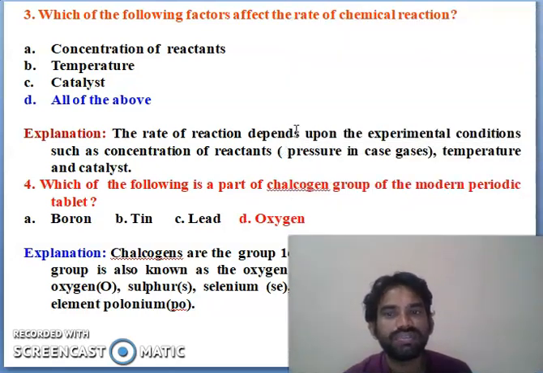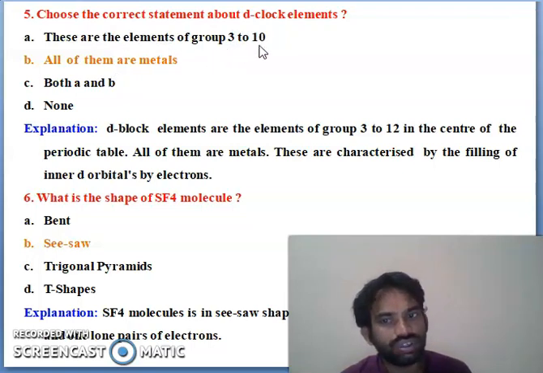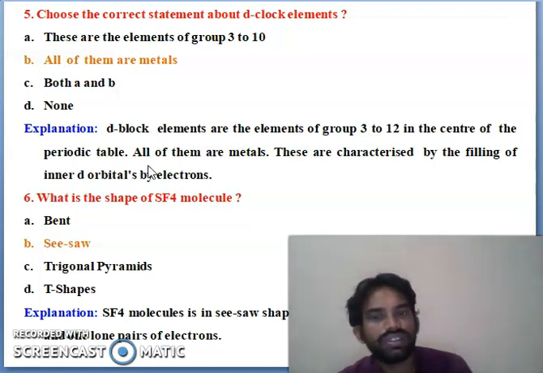You can see the fifth question: choose the correct statement about the d block elements. These are the metals, groups 3 to 10. It is not wrong, so all of them are metals. D block elements are all metal elements. D block elements are the elements of groups 3 to 12 in the center of the periodic table, all of them are metals, and they are characterized by the filling of the inner d orbitals by electrons.